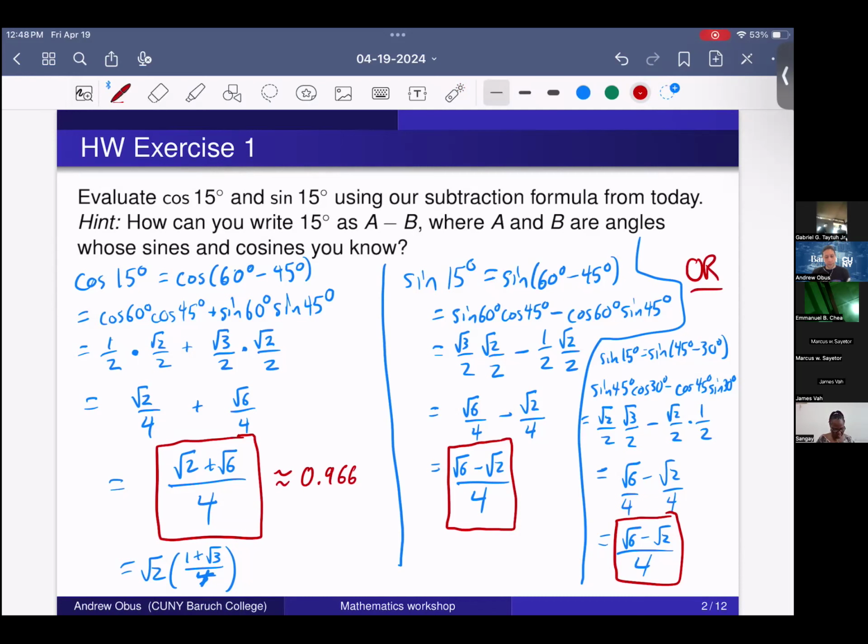Okay, any questions on this example? Okay, great. So let's do the next one.